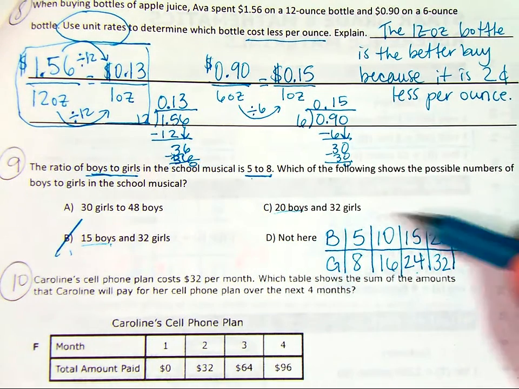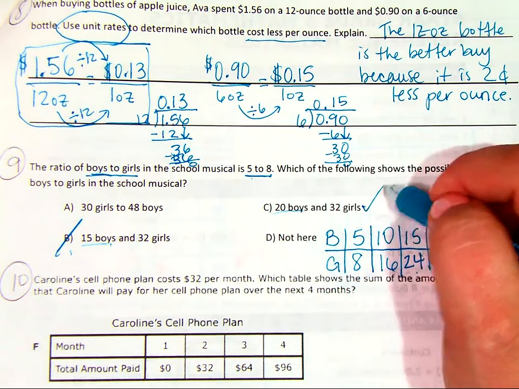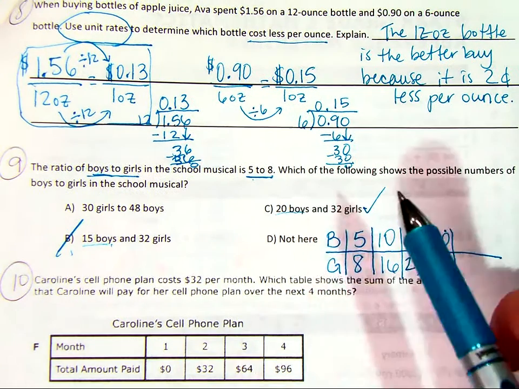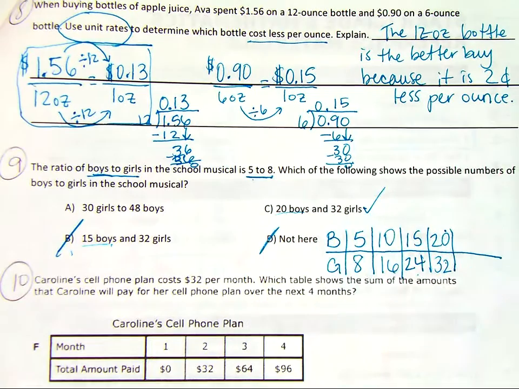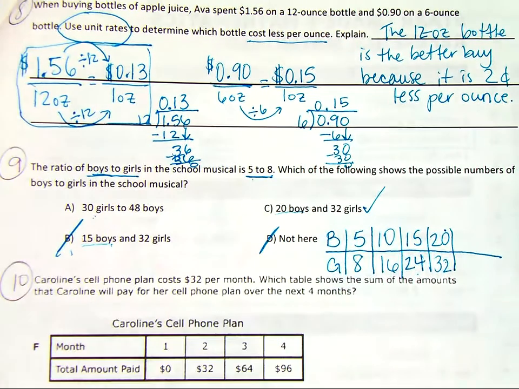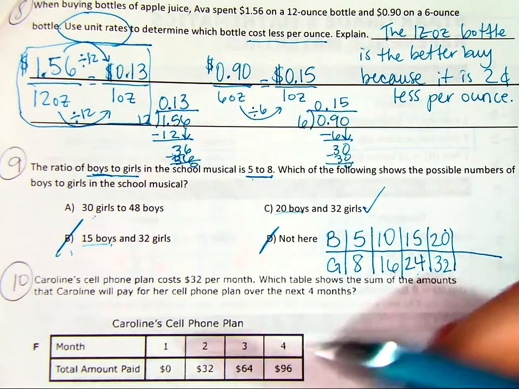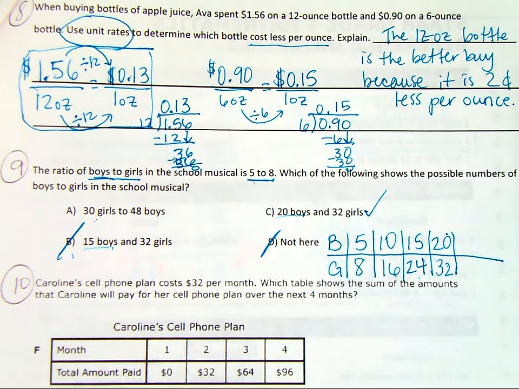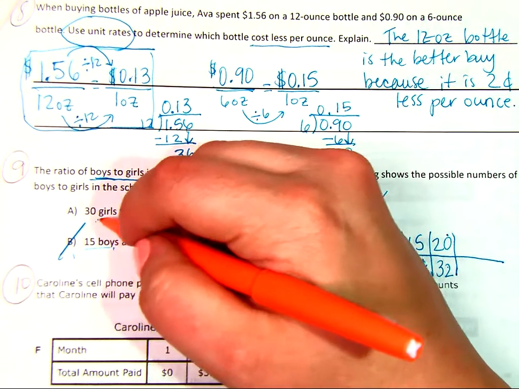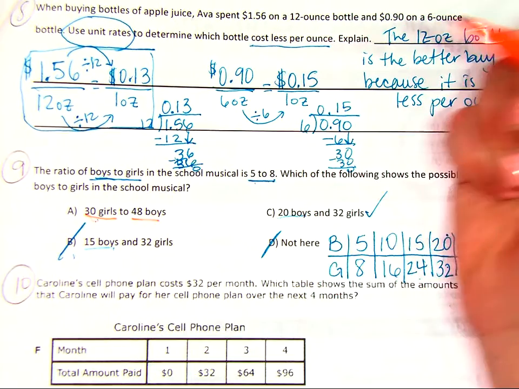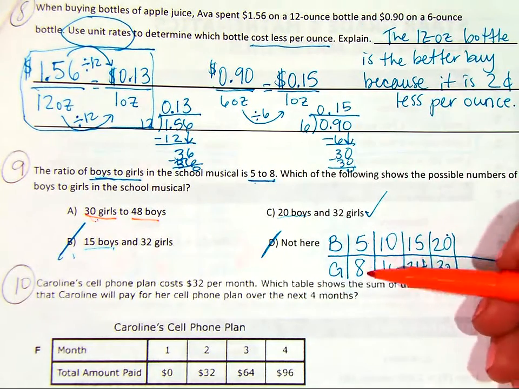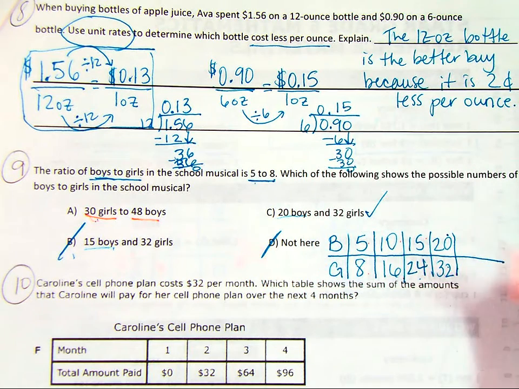That's correct. But I'm going to go ahead and make sure, well, now I can get rid of this one. But now I'm going to make sure that this one is not also correct. And actually, I can tell right now that it's not, because there are less girls than boys in this one. And there's always less boys than girls. So I can actually eliminate that answer choice as well.